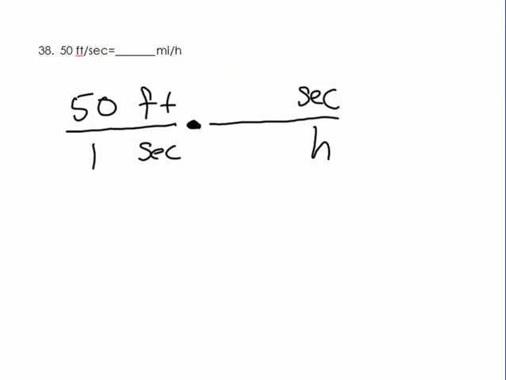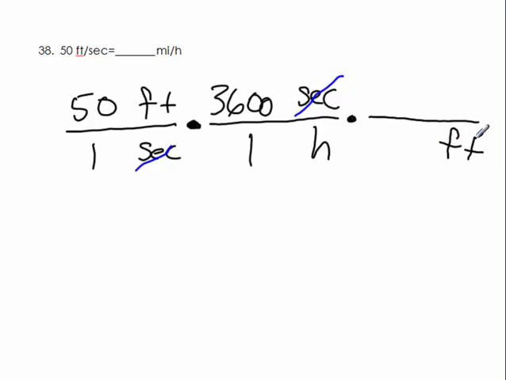So I need to know how many seconds are in an hour. Well, there's 60 seconds in every minute, 60 minutes in every hour, and 60 times 60 is 3,600. There are 3,600 seconds in every 1 hour. Now, since I've canceled seconds, I need to cancel my feet. It started off in the numerator, so I'm going to cancel it by putting it in the denominator.